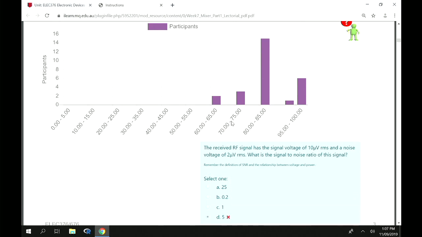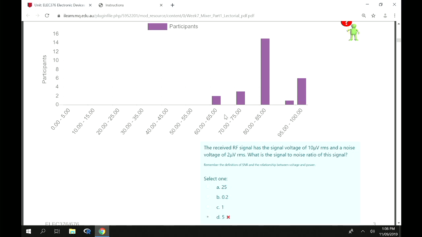So what signal to noise ratio is desirable? Is it 1 or 100 or 0? What is the desired signal to noise ratio of any signal? 100, yeah. So as high as it can be, right?